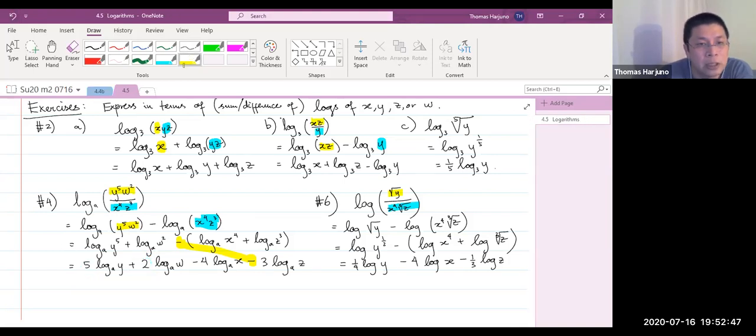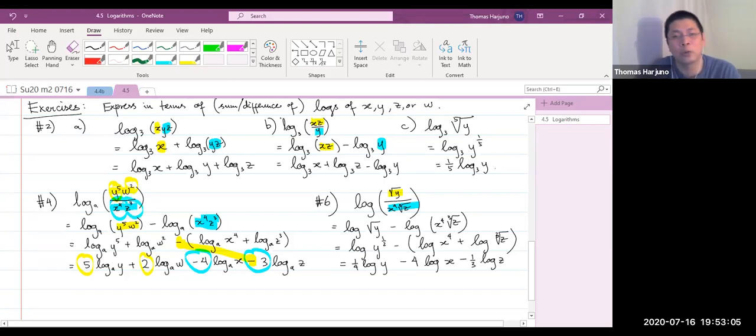So you see this 5 here is the exponent of y to the 5th. This 2 here is the exponent of w squared. Okay, now x to the 4th is on the denominator, so it will be negative coefficient. Okay, and negative 3 here also coming from z cubed on the denominator. So if it comes from a base from the denominator, then the coefficient of that log will be negative of that exponent.